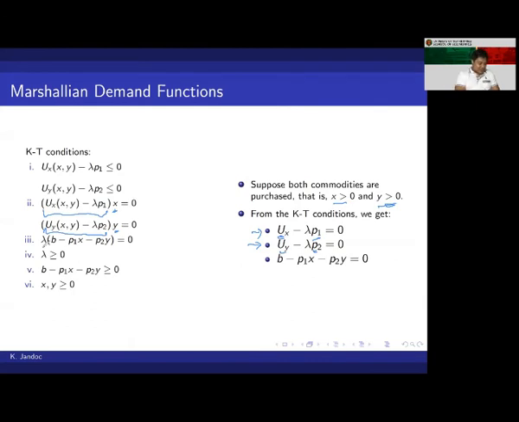And if lambda is positive, then the only way for this equation to be 0 is when the term in the parenthesis equals 0. So this is this equation over here. What do you notice? Here we have three equations and three unknowns: x, y, and lambda. The x star, y star, and lambda star that satisfy these three equations simultaneously is the optimal solution. Okay, great.